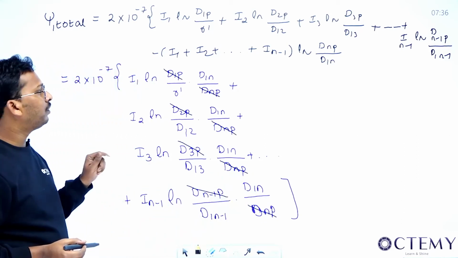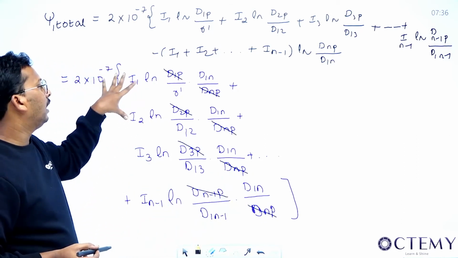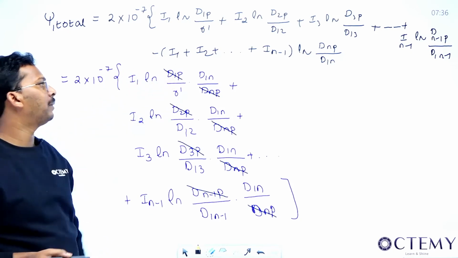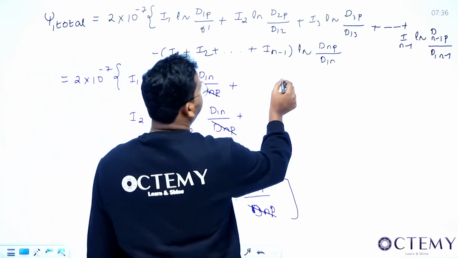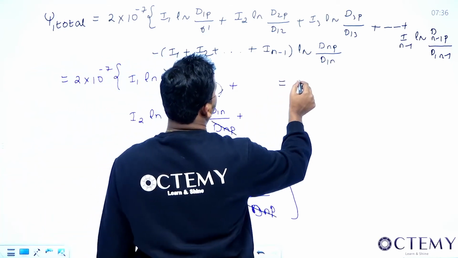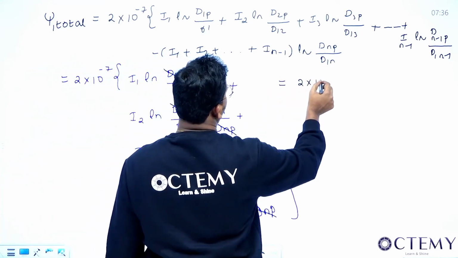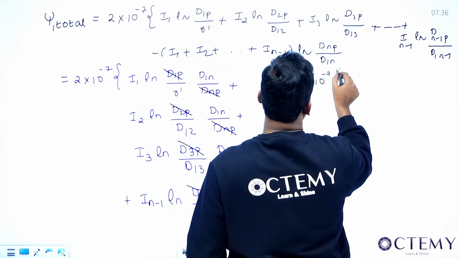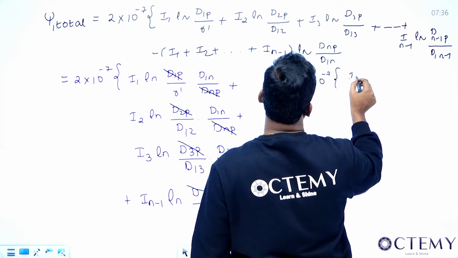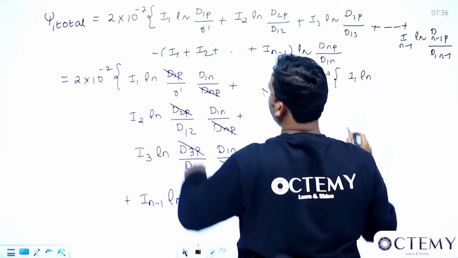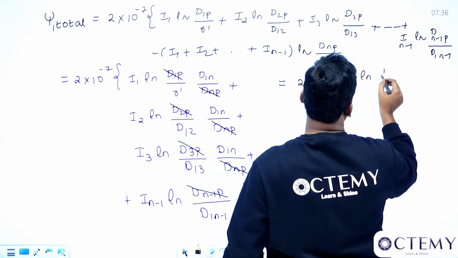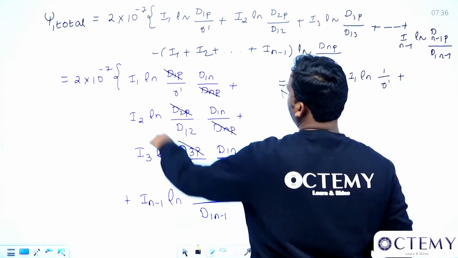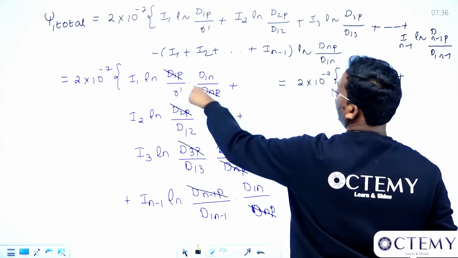And now also if you do this, let me write another step here. This I1 into ln, let me write that separately, sir. So the next step will be something like this. 2 into 10 power of minus 7 is common. You can write this in two terms. What are the two terms, sir? The first one is I1 ln 1 by r dash, plus the next term I will write, that is ln d1n.